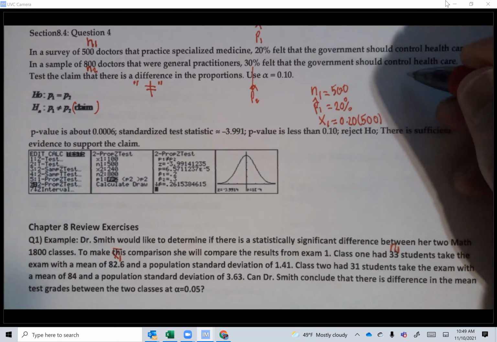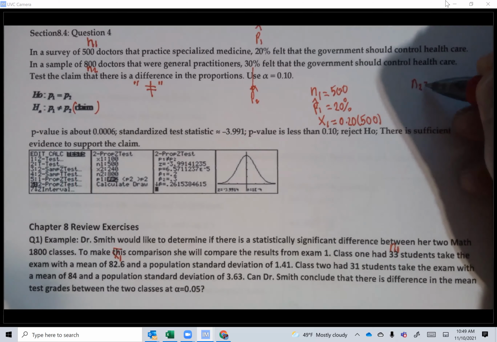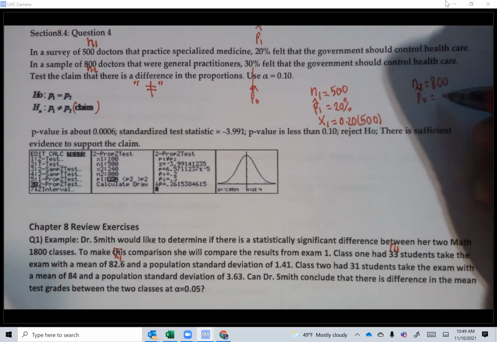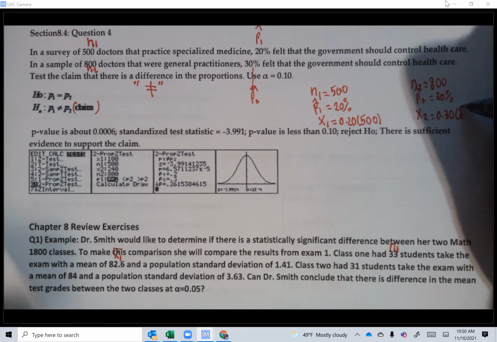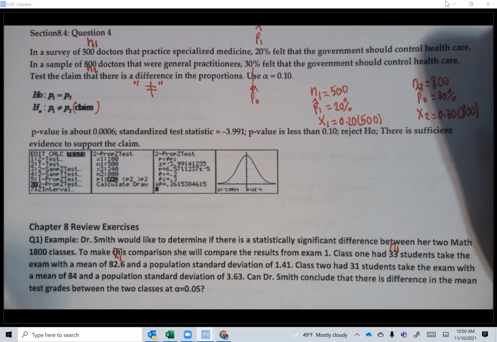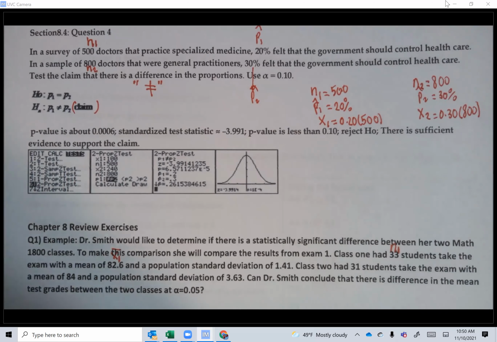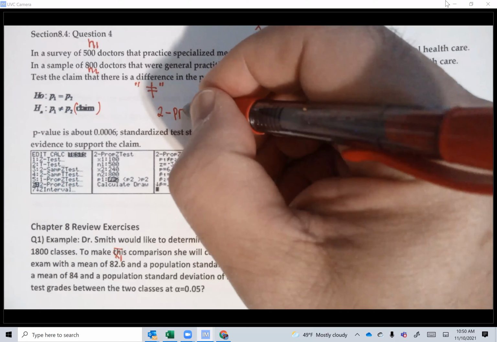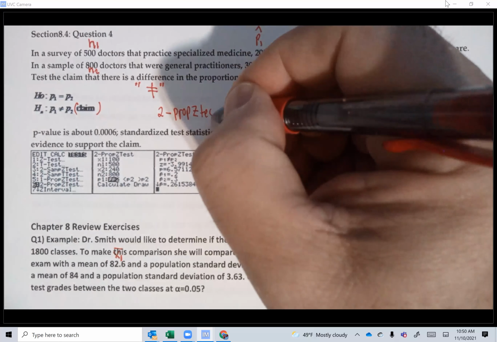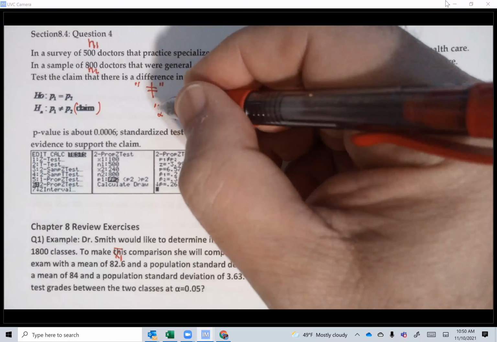N2 is 800. P2 hat is 30%. And X2 is going to be the 30% times the 800. All right. So it's a two proportion z-test. I'll leave the screenshots for you, but let's do it together.